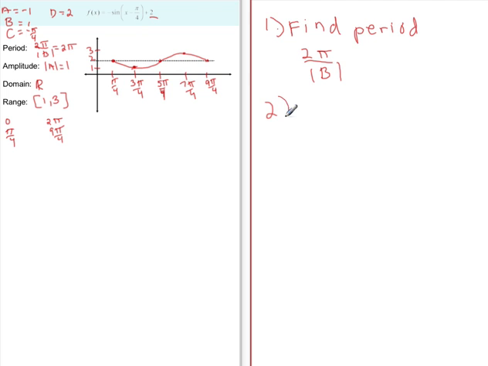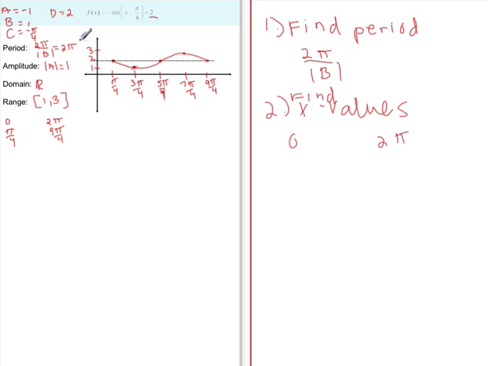The next thing we did is that we found the x values to plot. And we do this by finding the endpoints. So we'll take between 0 and 1 period, in this case 2 pi, of our graph.